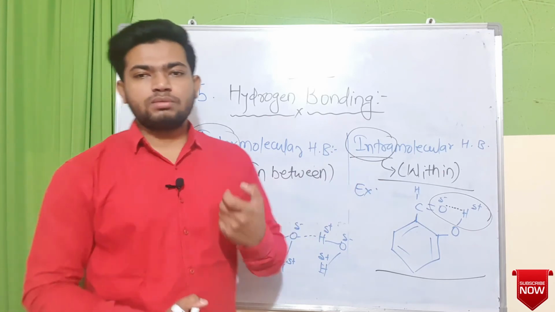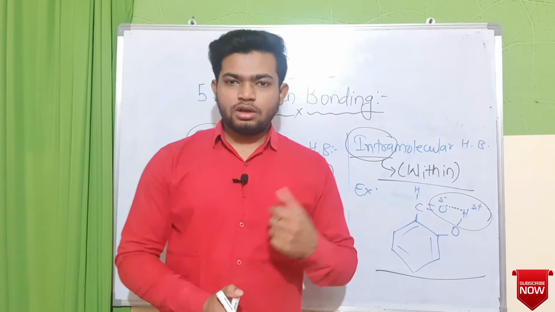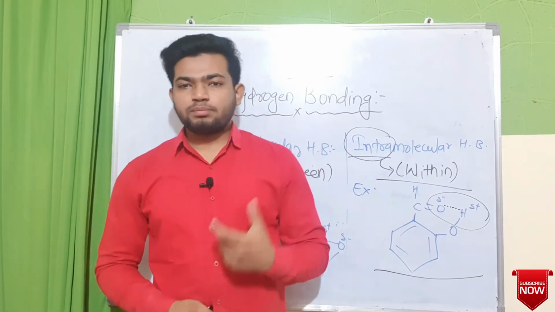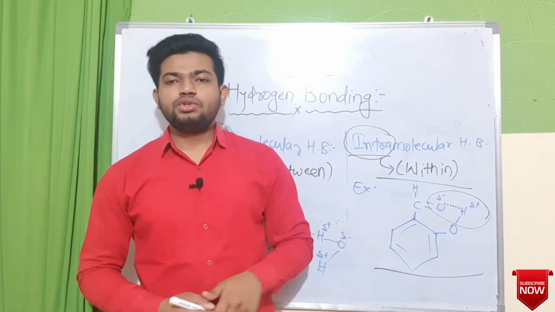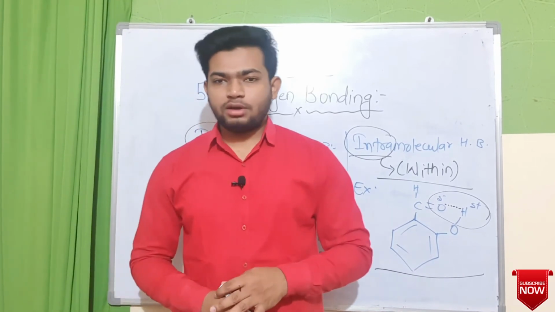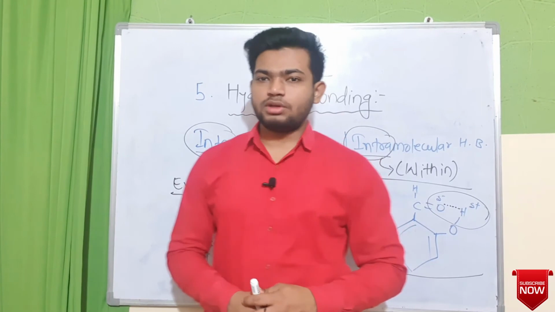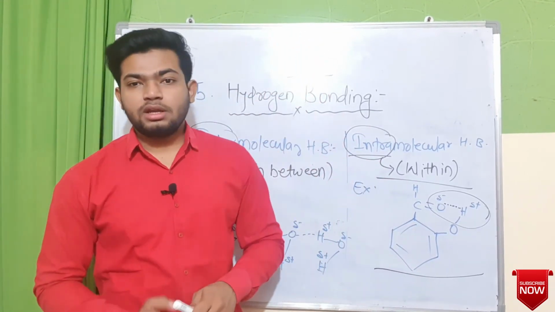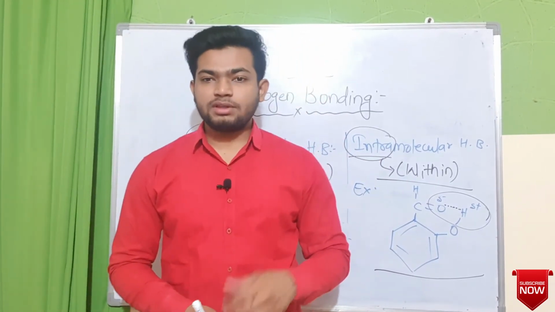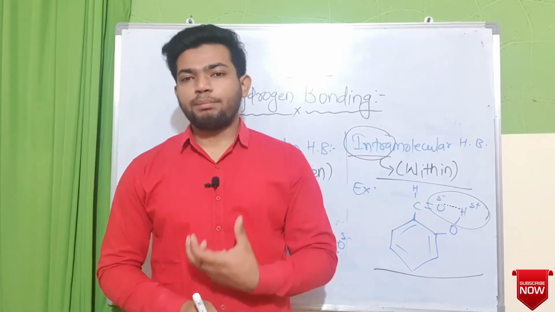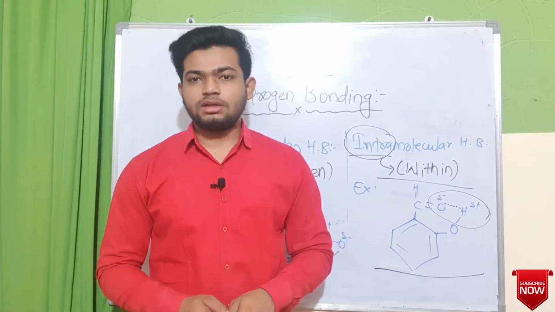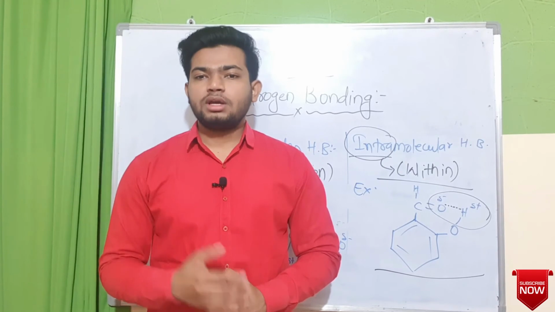Now there are some very important points about hydrogen bonding. Due to hydrogen bonding, the boiling point of a molecule increases. That is, a physical property of a molecule is affected by hydrogen bonding. A liquid having hydrogen bonding has a comparatively higher boiling point than other molecules which do not have hydrogen bonding.